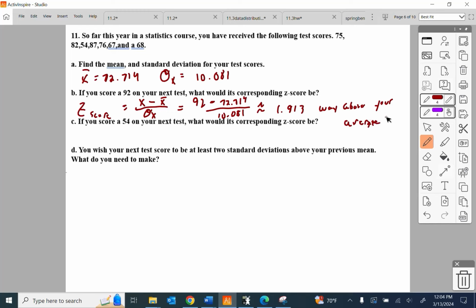If you score a 54, what would its corresponding z-score be? Well, this one will be negative because this is below your average. Your average was 72. This is definitely below average. I'm going to have a negative result. So I'm going to take that 54, I'm going to subtract the mean, and I'm going to divide by 10.081.